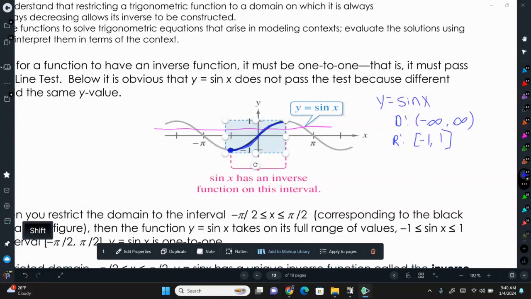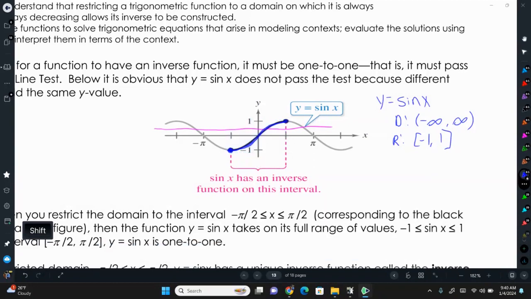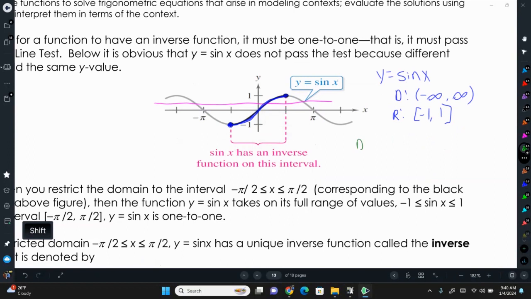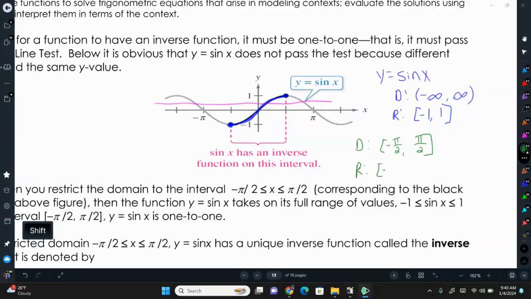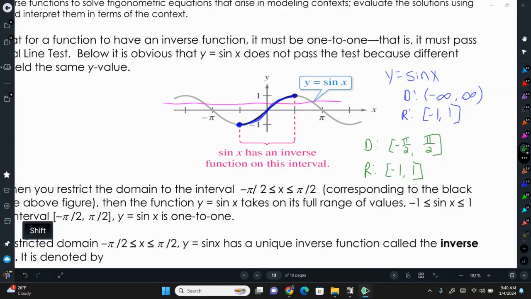Now if we restrict the domain of sine to negative pi over 2 comma pi over 2, our range would still be -1 comma 1, but we can now have this inverse also be a function.